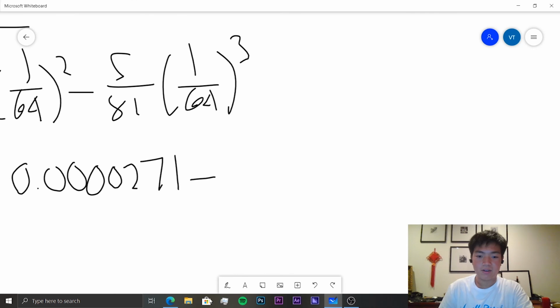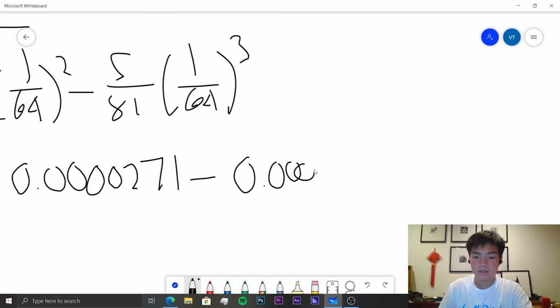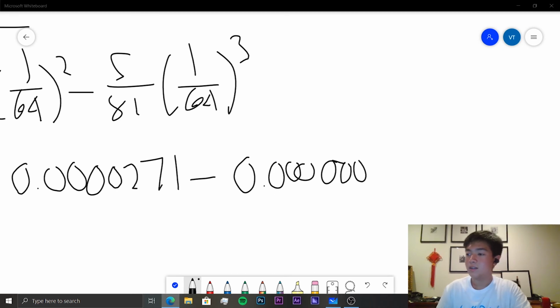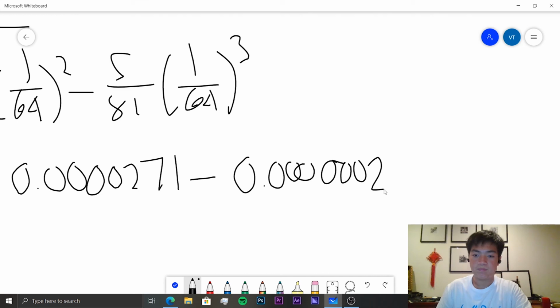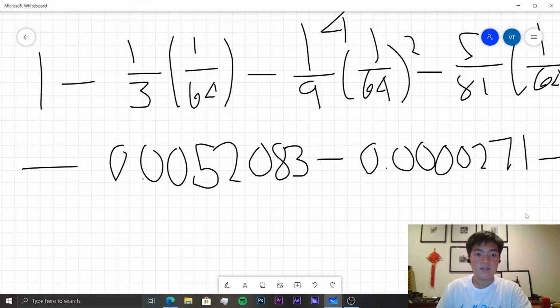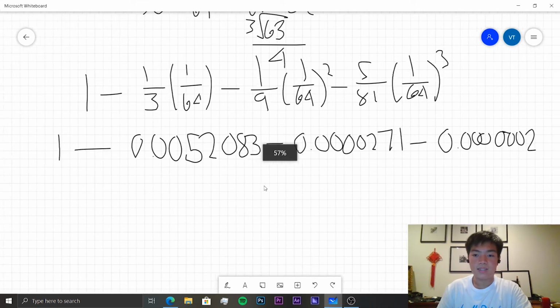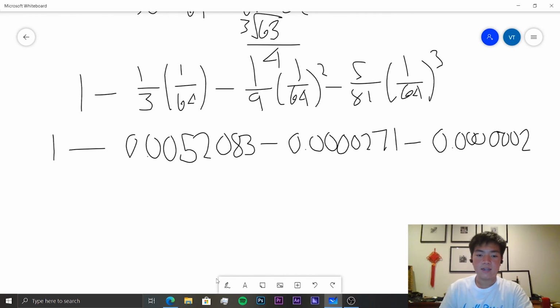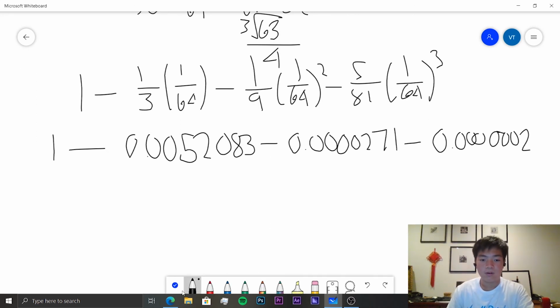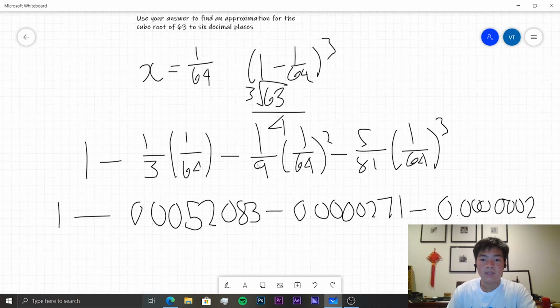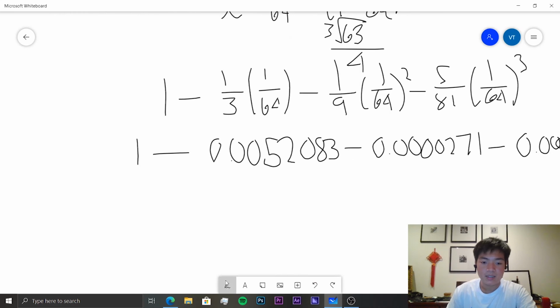It's like 0.0000002. So let's compute, and note that we have to still multiply all of this by 4, since remember, this is calculating for the cube root of 63 over 4. So we have to multiply all of this by 4, but let's calculate what this is first.